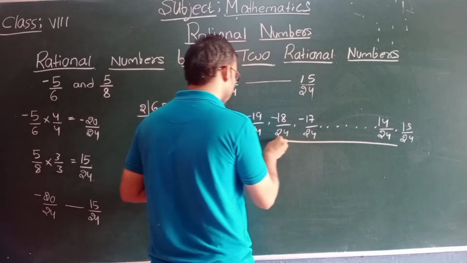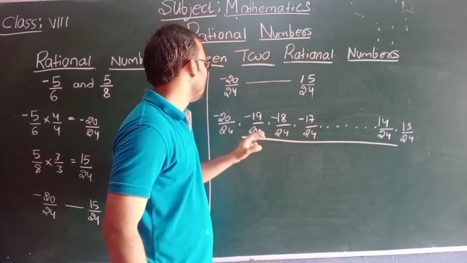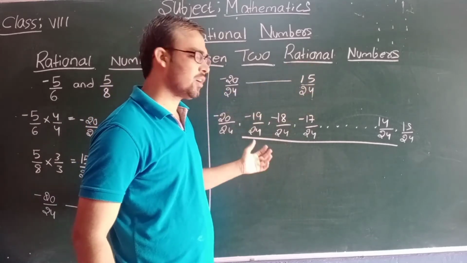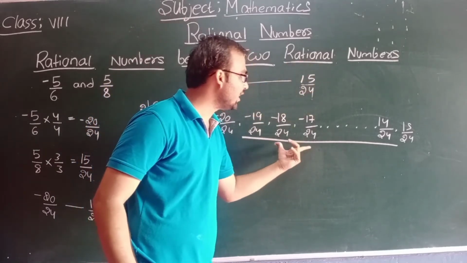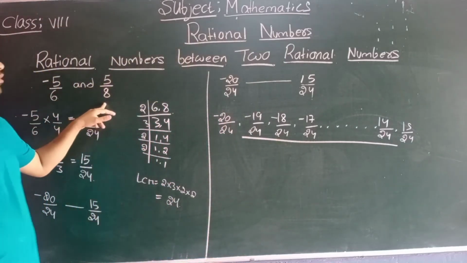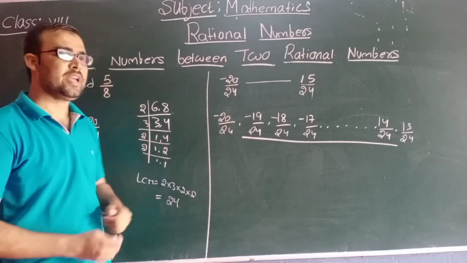So these are the rational numbers between minus 20 by 24 and 15 by 24. That is, these are the rational numbers between minus 5 by 6 and 5 by 8.